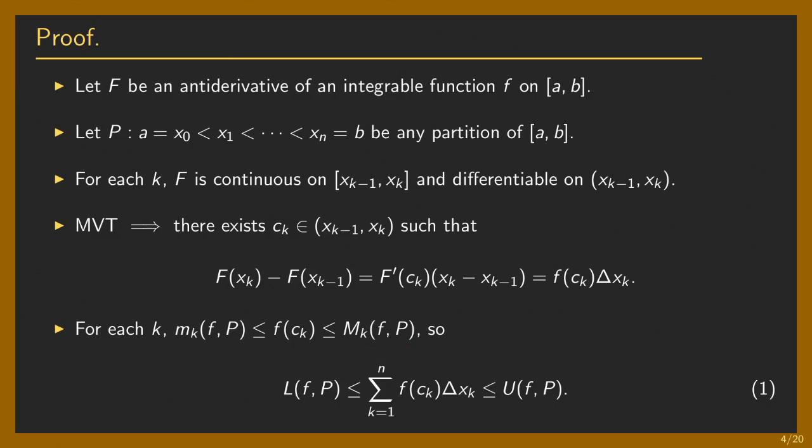Now, summing all of this up, k from 1 to n, and multiplying each one by delta x sub k, if we multiply each member of the inequality by delta x sub k and sum them up, k from 1 to n, we will get the inequality as shown, labeled inequality number 1, that the lower Riemann sum with respect to P and the upper Riemann sum with respect to P bound below and above the sum, as you can see.